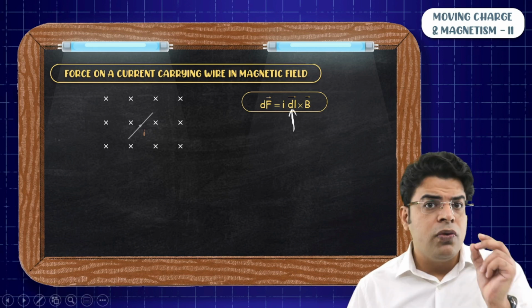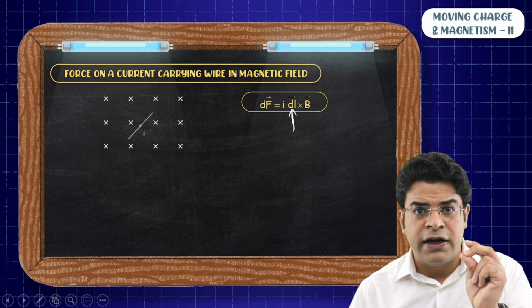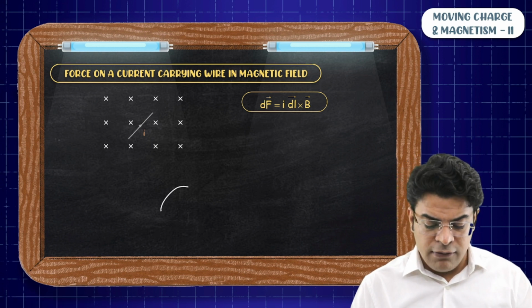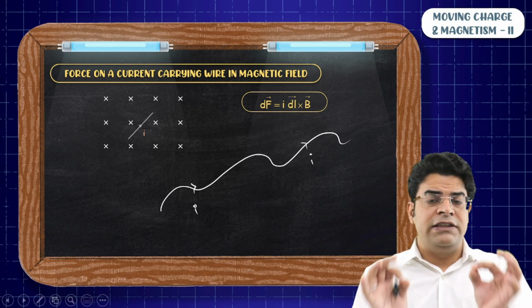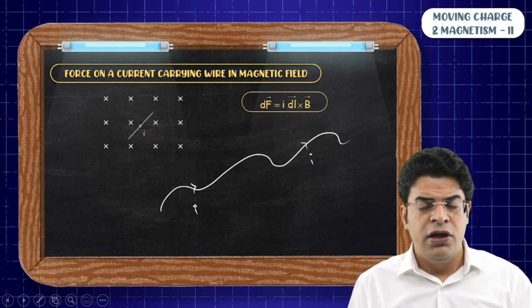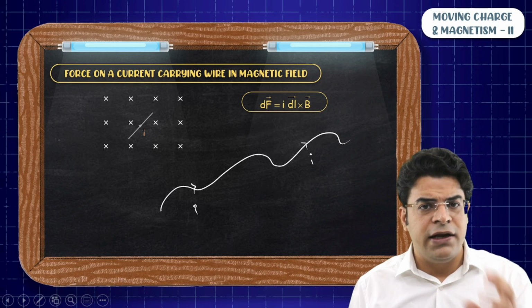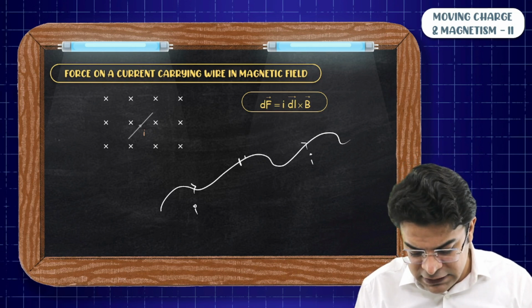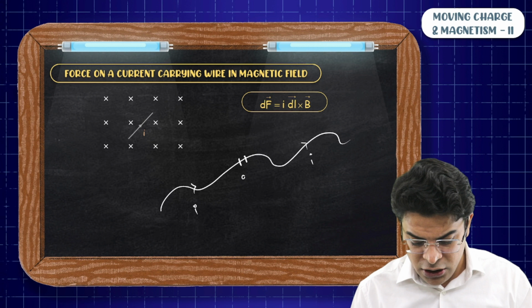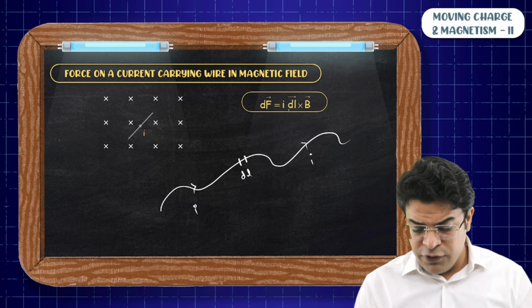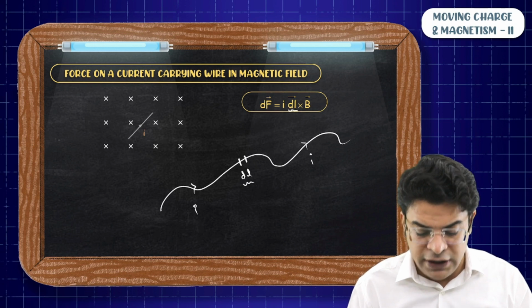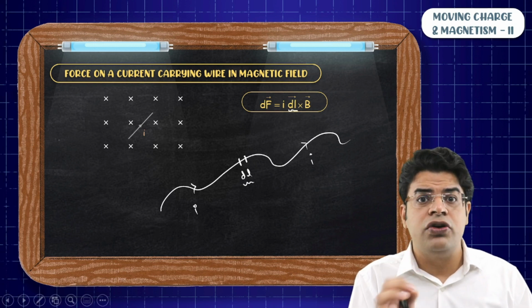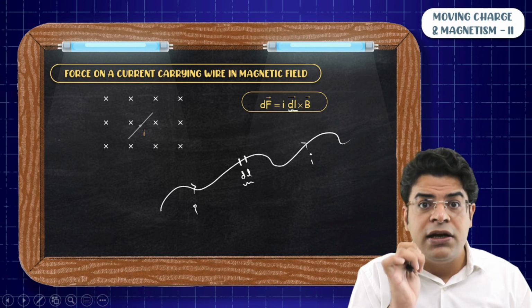So we have taken the infinitely small length vector. Now how to identify the infinitely small length vector? Let's focus on it. Let's say you have got this random shaped wire carrying some current. If we have placed this wire in a region of magnetic field, then what is the magnetic force acting on one small length of it? Let's say this infinitely small length of it. So you will say that the infinitely small length vector should have magnitude same as the infinitely small length and its direction should be along the string in the direction of current.